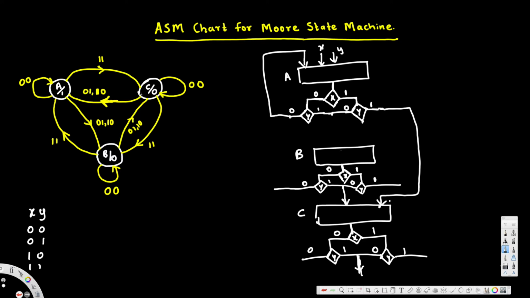Now you can see from C, 0 1 1 0 goes to A. So it's going to just go like this. C goes to A. We can just connect it right here.